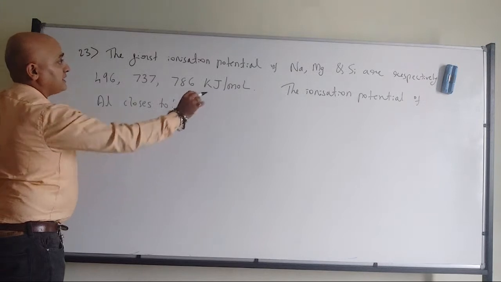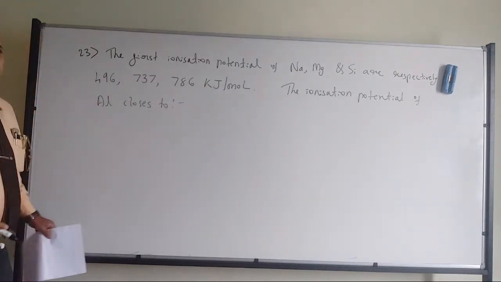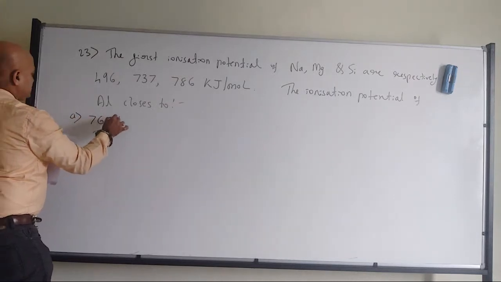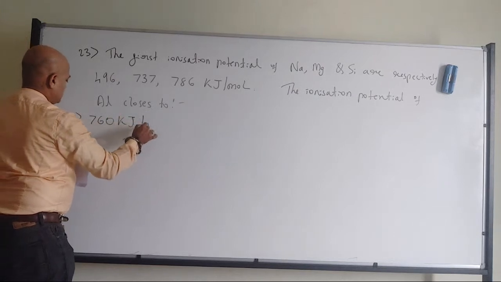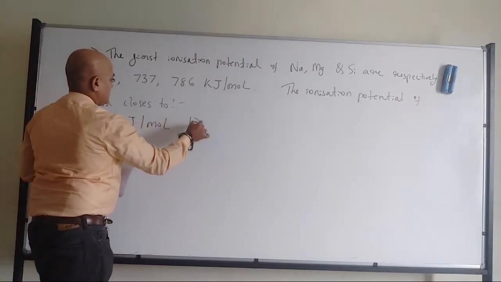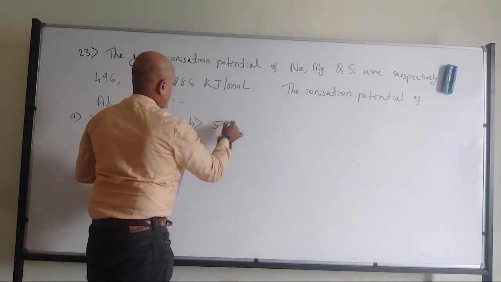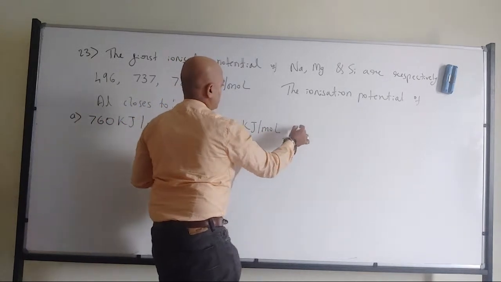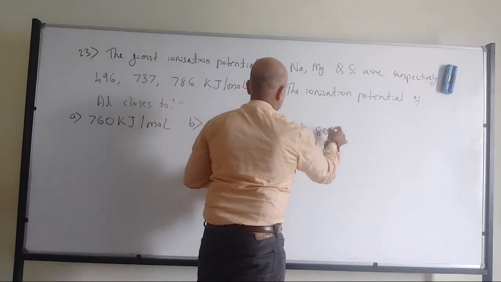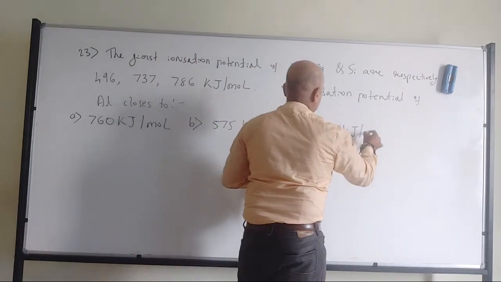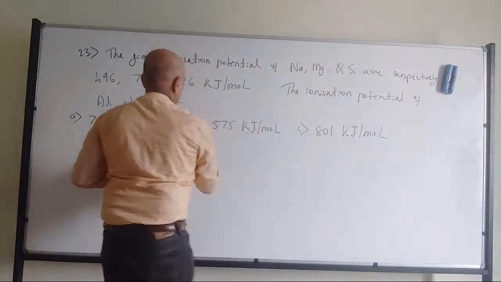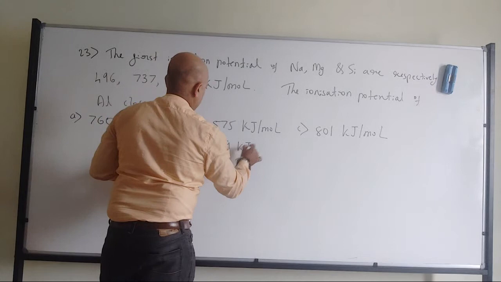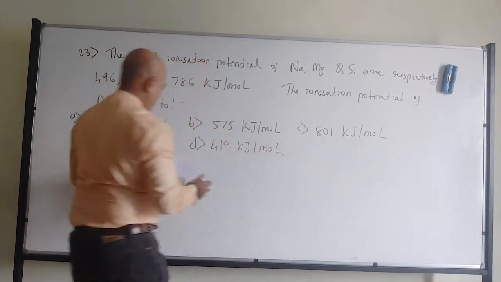The ionization potential of aluminium is closest to: option A, 760 kilojoules per mole; option B, 575 kilojoules per mole; option C, 801 kilojoules per mole; and option D, 419 kilojoules per mole.